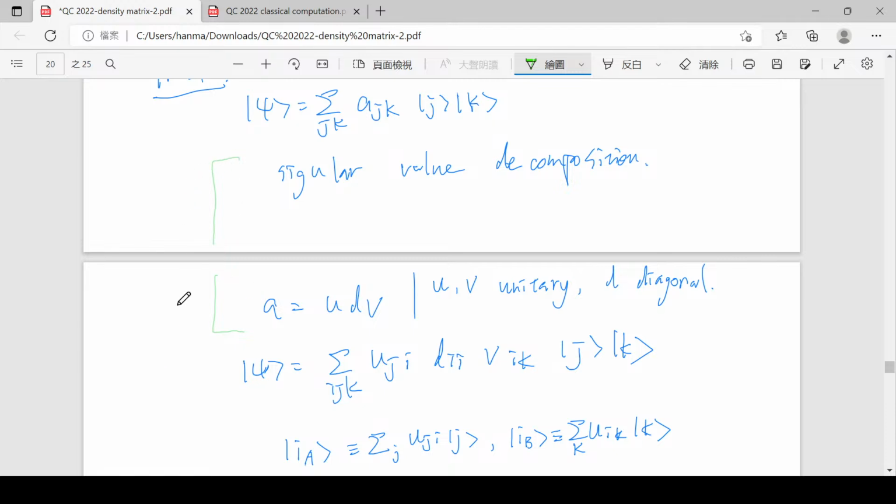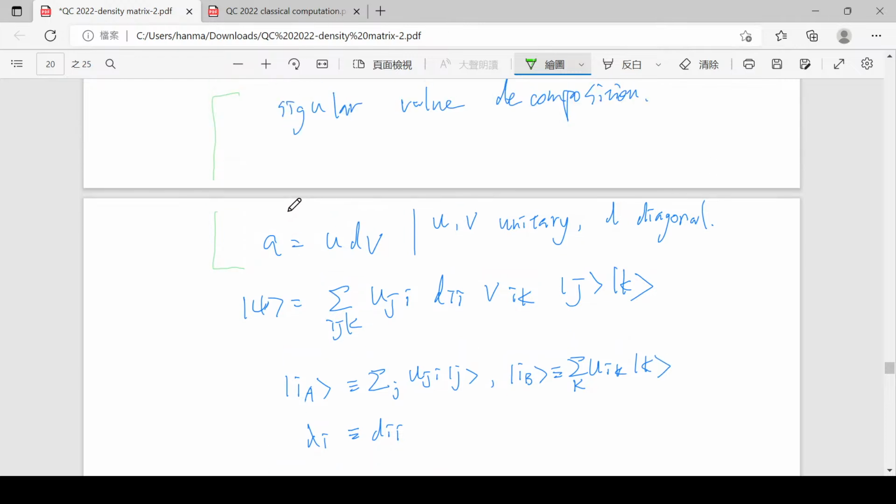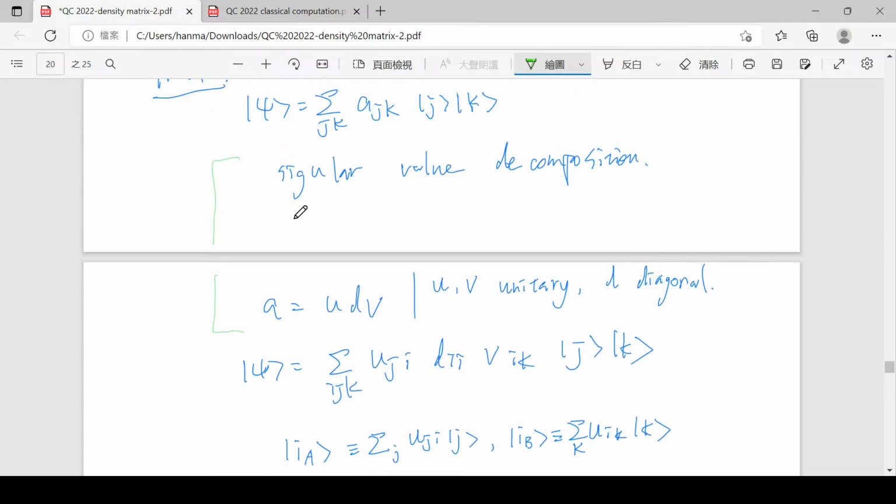For those of you who don't know about singular value decomposition, it is like diagonalization but more general, because any matrix can be decomposed by singular value decomposition, and you also get more freedom here.